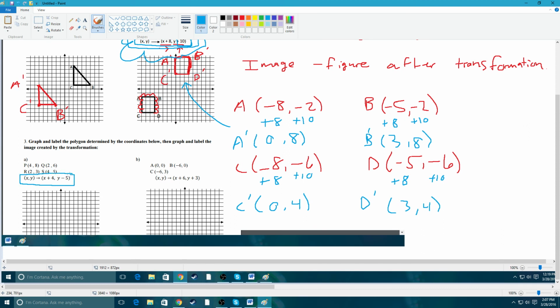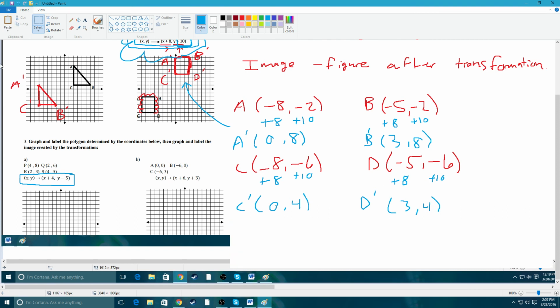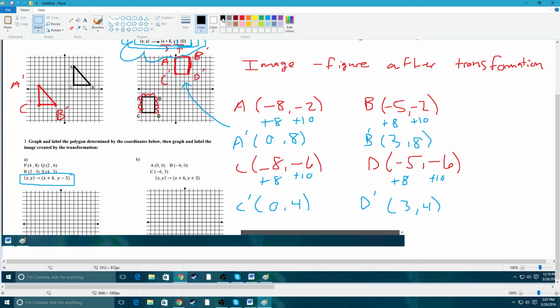That's a rule. What that's saying is they want you to take x and y, and they want you to shift it a certain amount. So to write a rule, this is all you say.